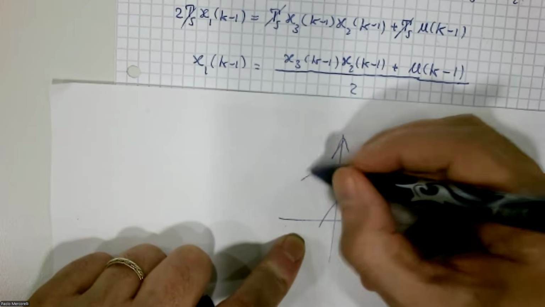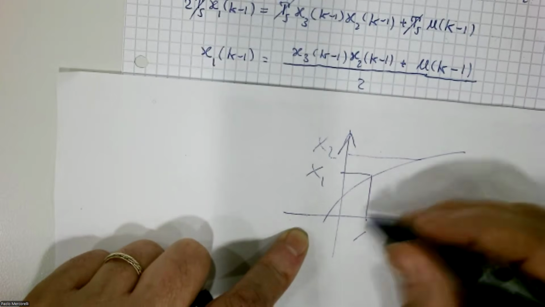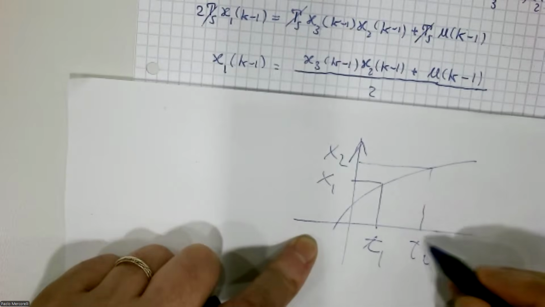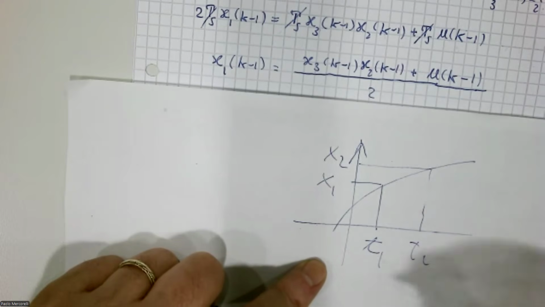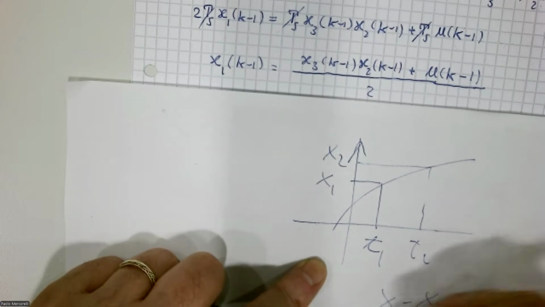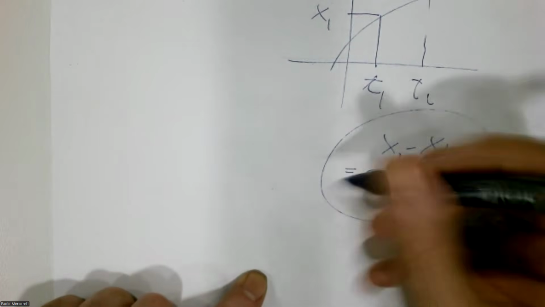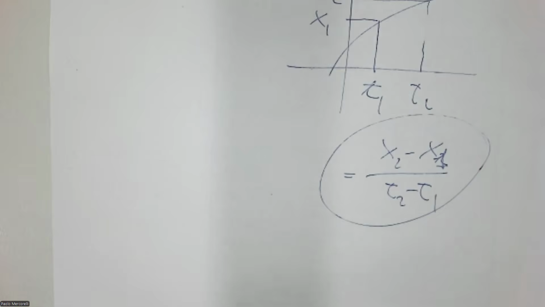Do you remember? Something like that. What is the rate, the slope, roughly calculated? This was the change between x2 and x1, or x1 and x2, over time.